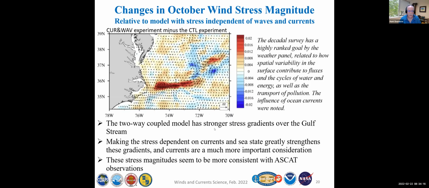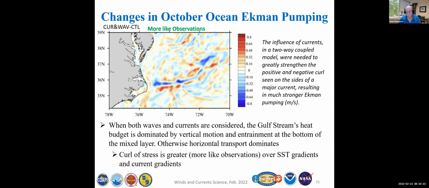This is the monthly average change in stress we got in the work with the waves included, so waves and currents, relative to the model without the dependency on waves and currents. Well, it's the pattern for the curl of the stress. So it's bigger, and adding the waves helped get a more uniform pattern along the currents. So it did seem to help with the organization.